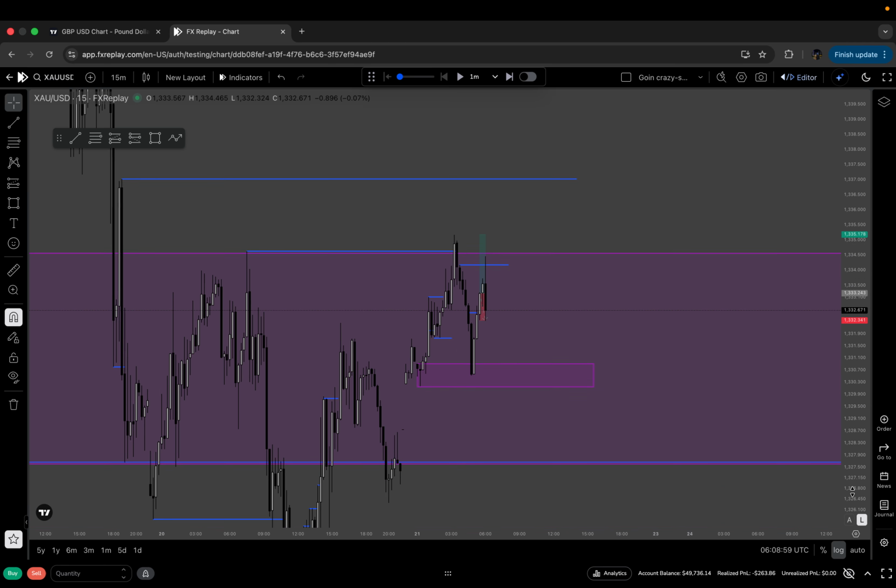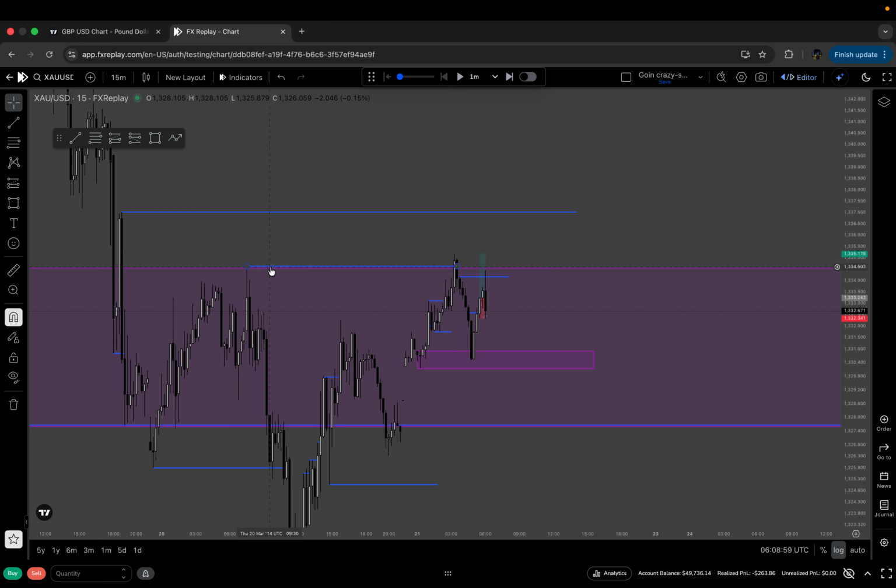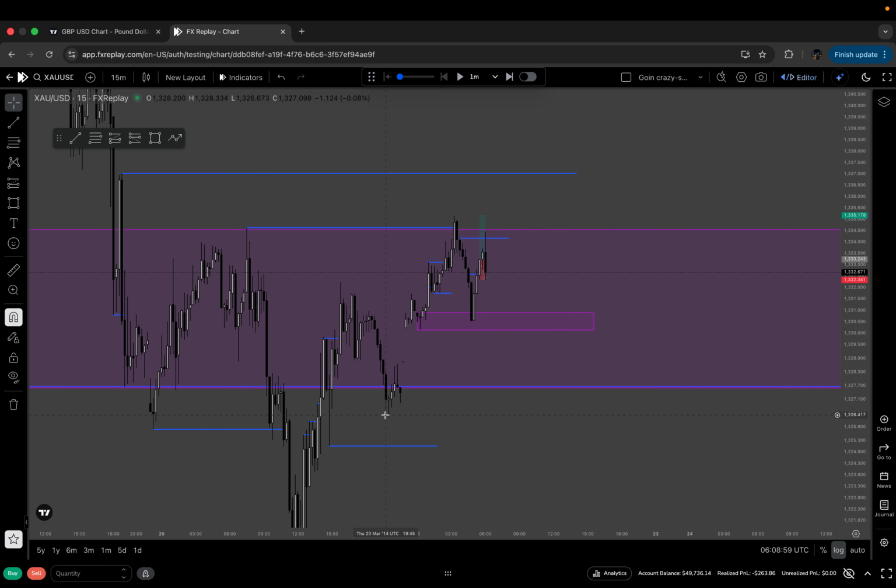But again, with the external turning bullish, we get a nice pullback. External just went bullish. Yeah, I mentioned that before. We're starting to take highs. We closed above these highs up here.